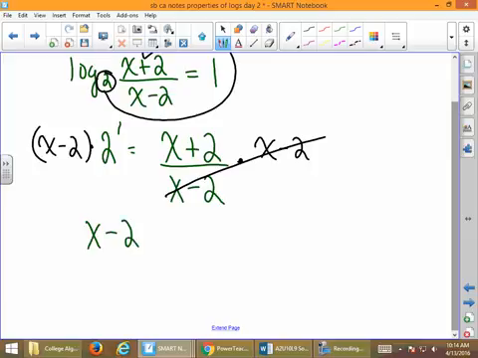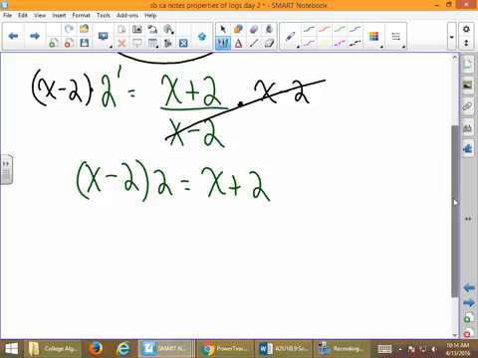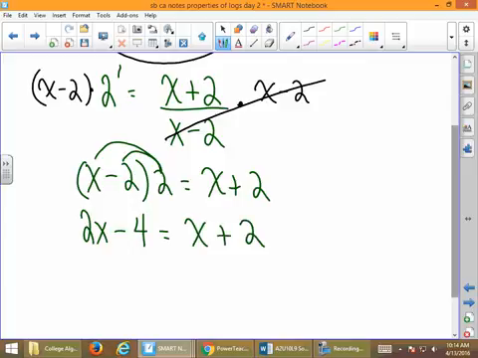So we have x minus 2 times 2 equals x plus 2. And now we're going to distribute. Too many 2's in this problem, but we end up with 2x minus 4 equals x plus 2.